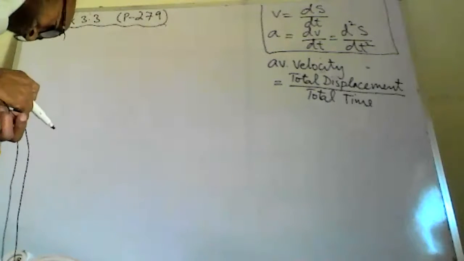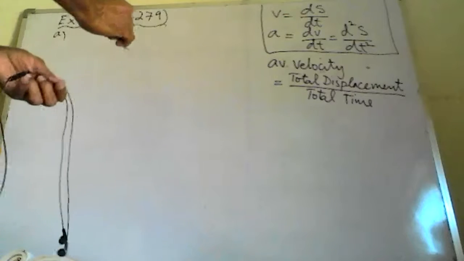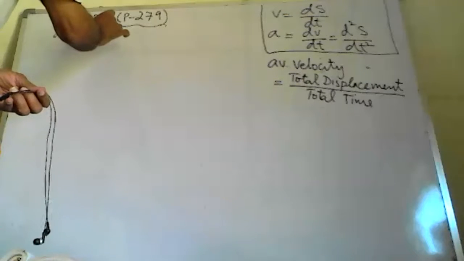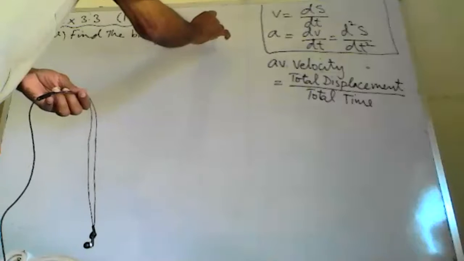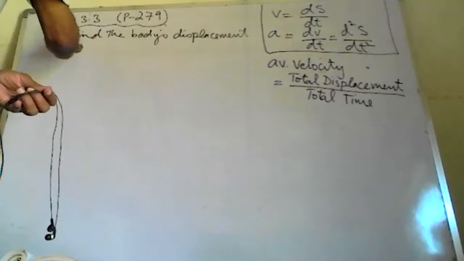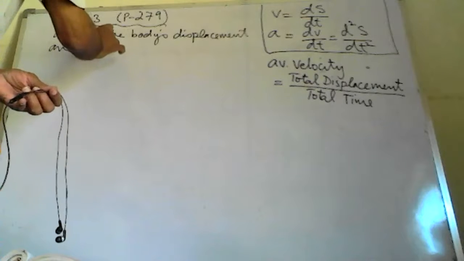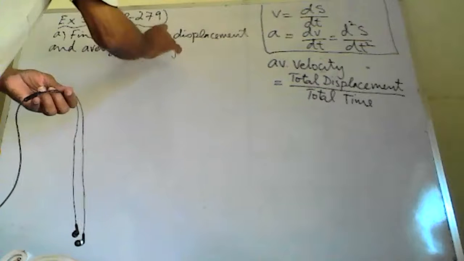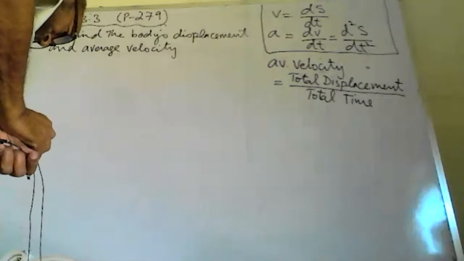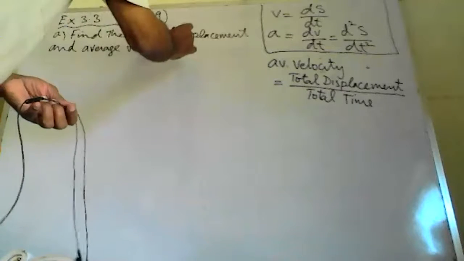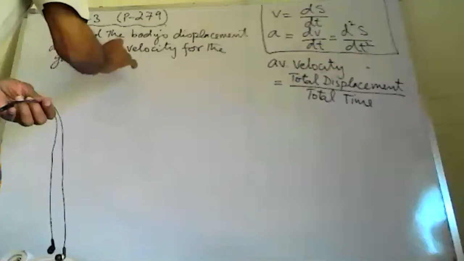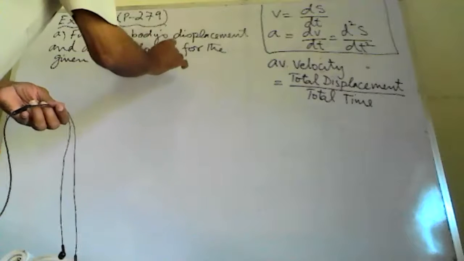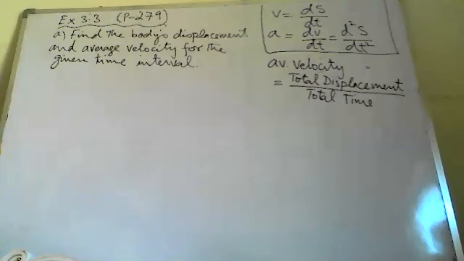A part. Find the body's displacement and average velocity for the given time interval.